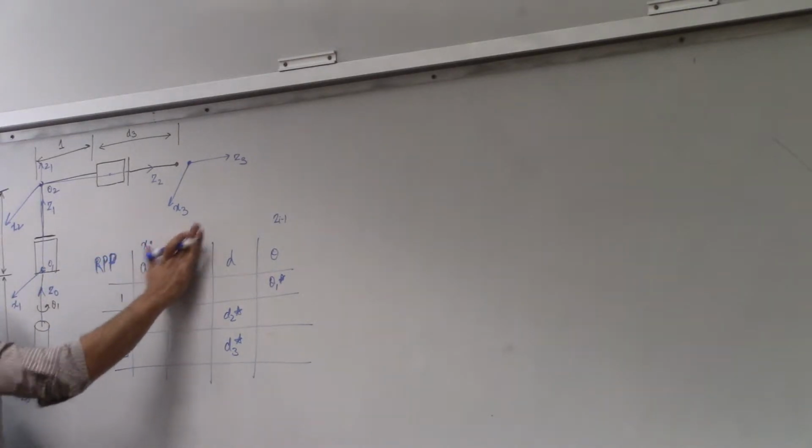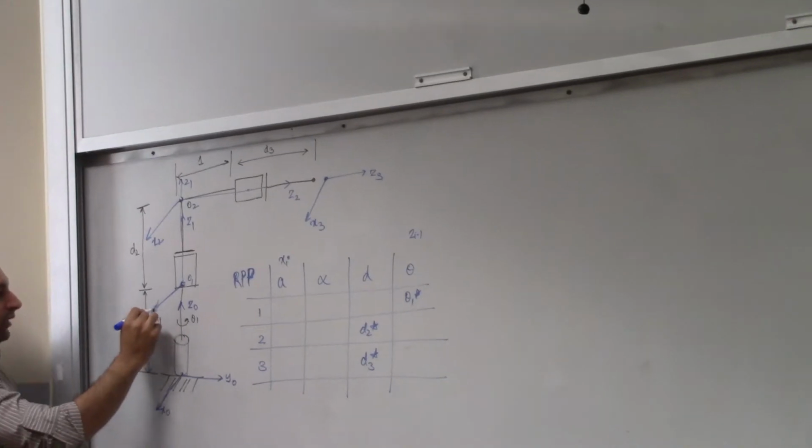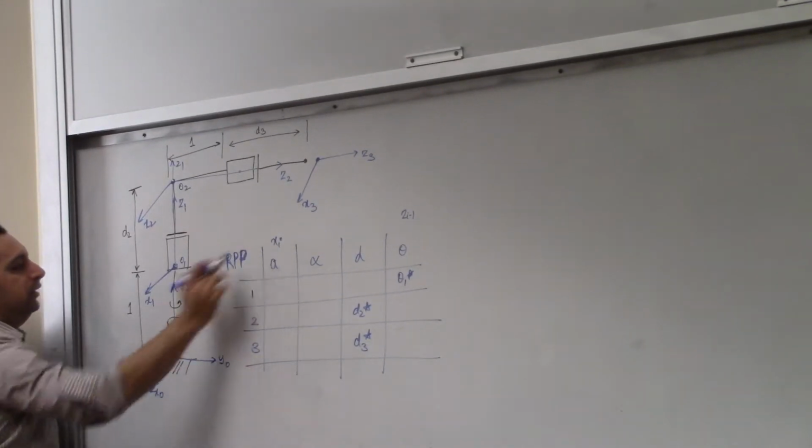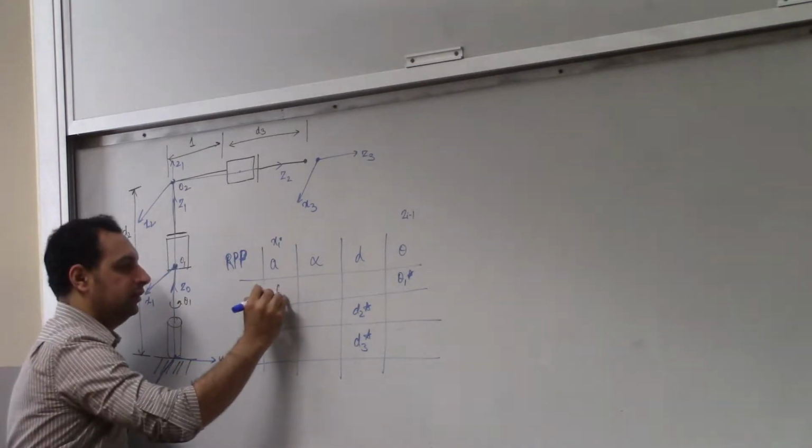If you're moving along x1 until it intersects with the previous z-axis, the z-axis is meeting it at the origin, so this will be 0.